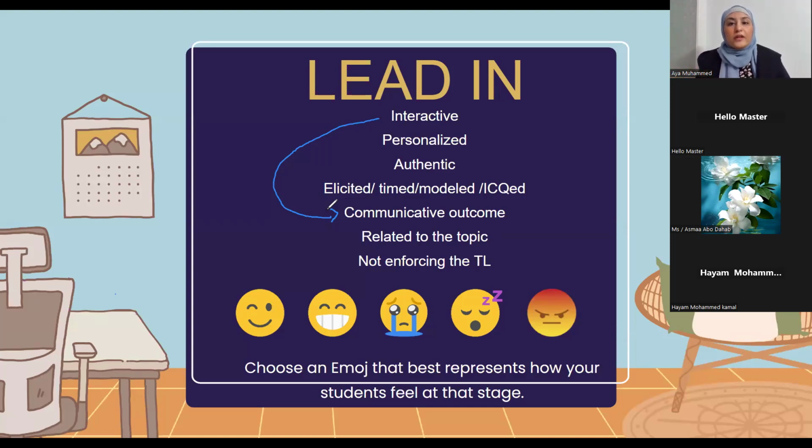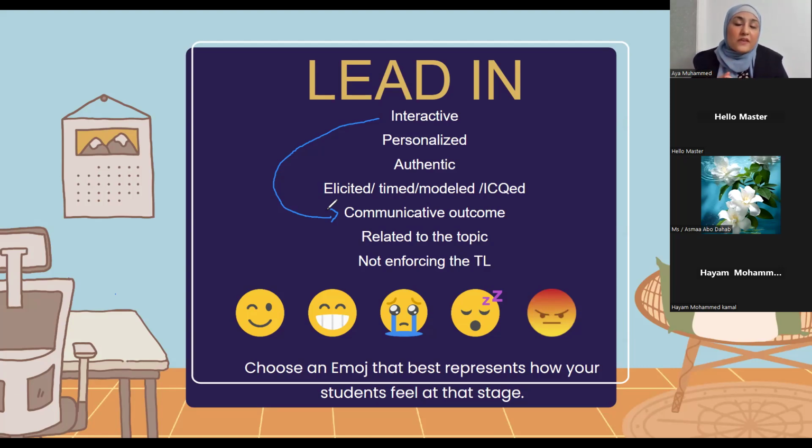Communicative outcome, when I tell the students, okay, now tell me by the end of your conversation, do you agree with your partner or not? Or what are the similarities and differences between you and your partner, or between you and your group?